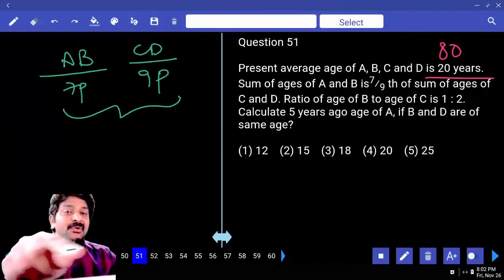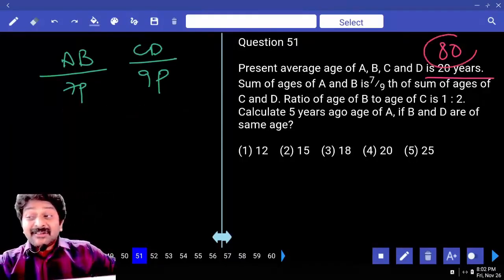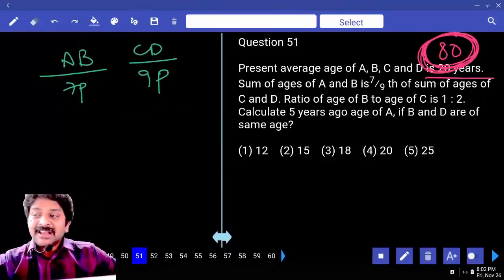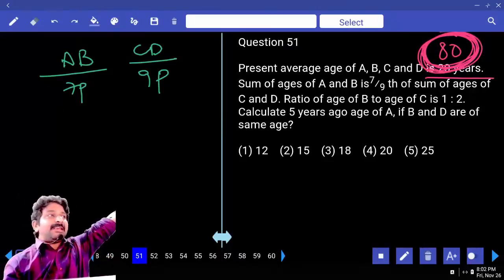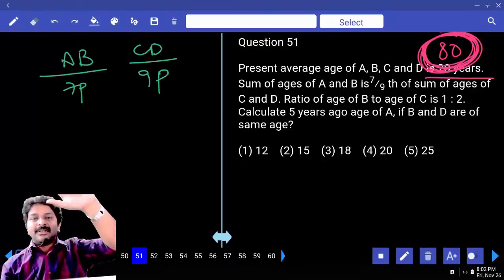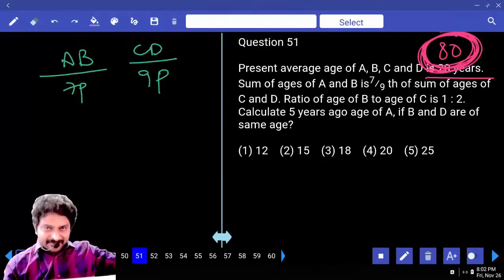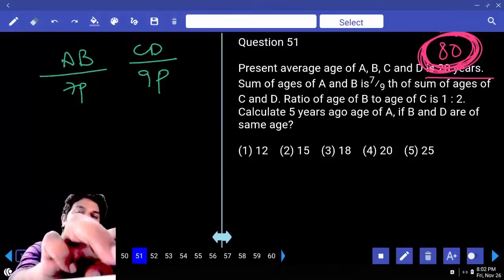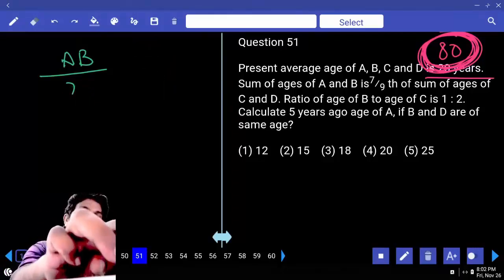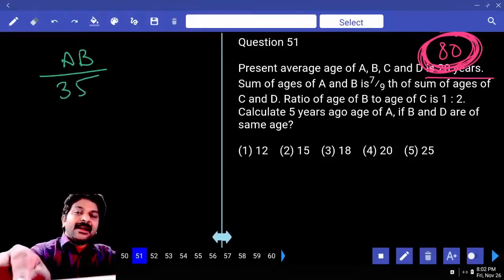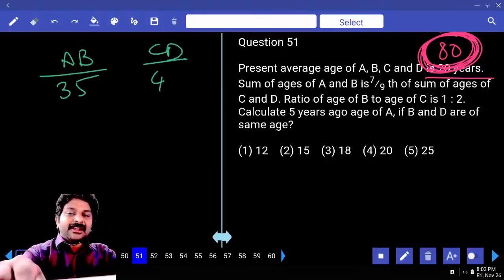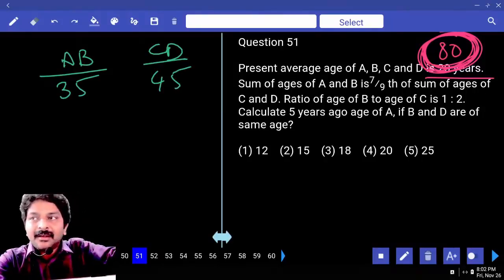The sum is equal to 16 parts, which is 80. Then 1 part is 5, so 7 parts, that is 35, and CD 45. Is this clear?